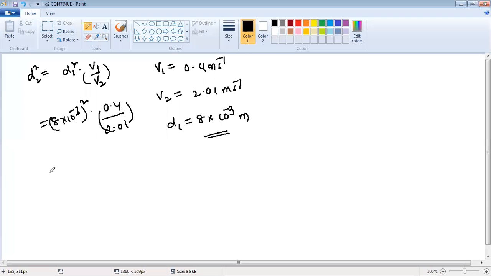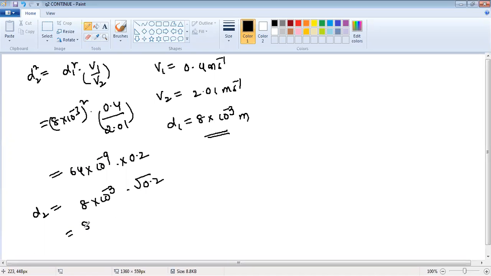What is the answer approximately? This is 64 into 10 power minus 9 into 0.4 by 2.01, which is approximately 0.2. So now D2 is the square root, 8 into 10 power minus 3 into root over 0.2. What is the value of root over 0.2?